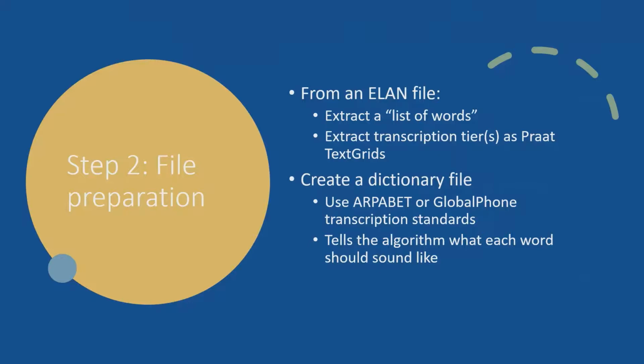For this, you will provide the transcription of each word in that list of words that you extracted in some standard transcription format that matches with the aligner that you're using. So in the Montreal Forced Aligner, this can be ARPABET or GlobalPhone transcription standards. This will just tell the algorithm what each word should sound like.